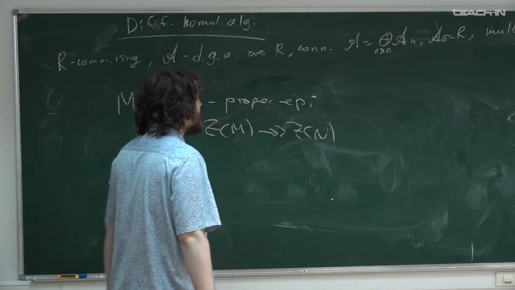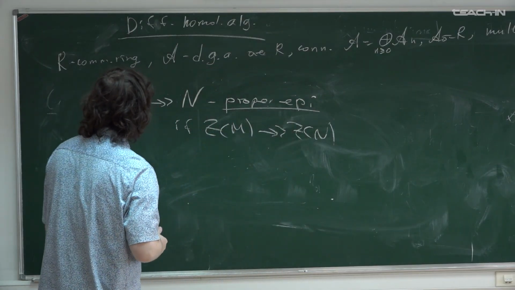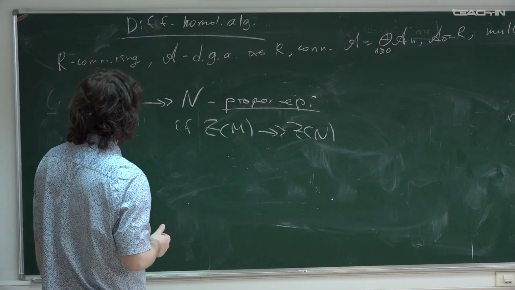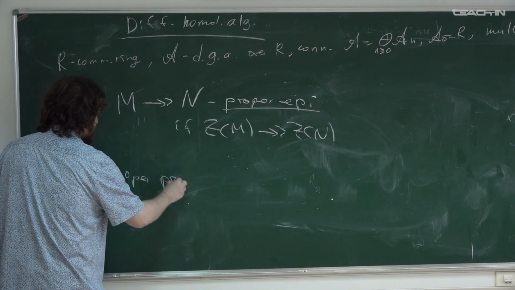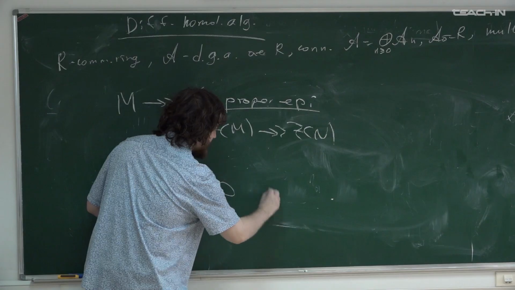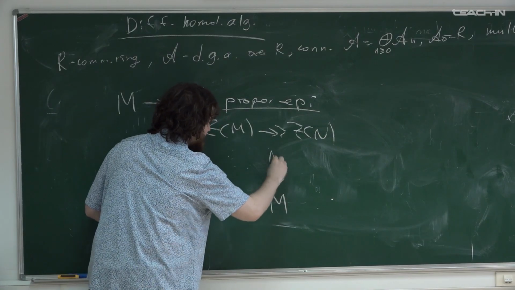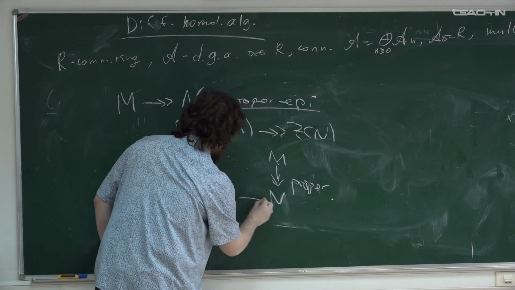If it's an epimorphism and an epimorphism on cycles, then it's a proper epimorphism. And P is proper projective if, whenever you have a proper epimorphism and a map, then you have a lift.